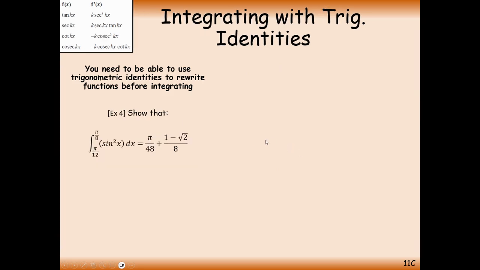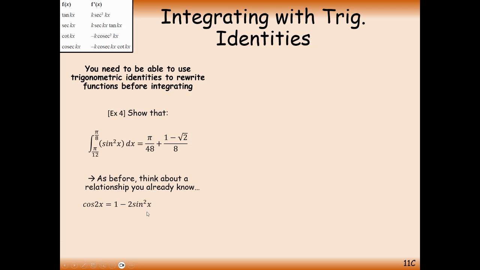Now in this next example, we have been told the answer to this integral, but we still have to prove it and show why it's the way it is. So we learned that some double angles can be rewritten in this form, and I emphasized there that we can replace sine square with a rearrangement of this equation.